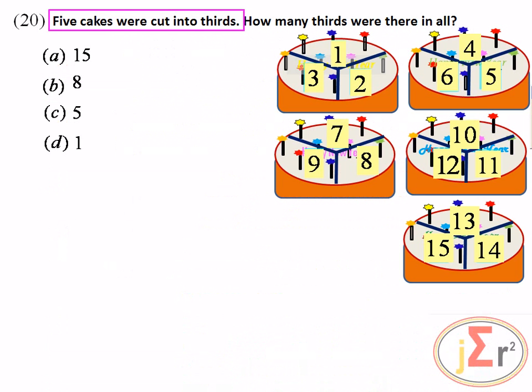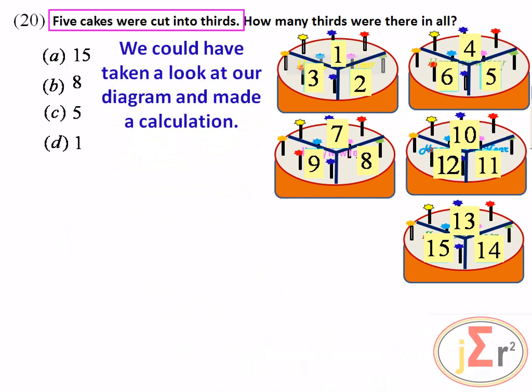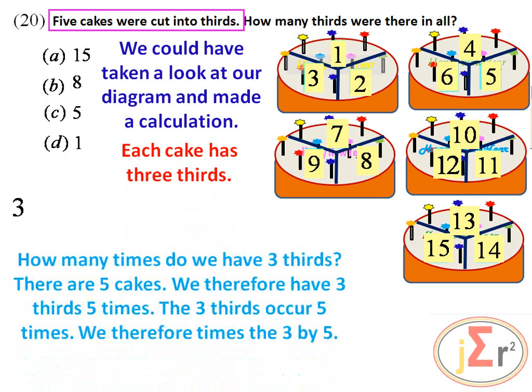5 cakes were cut into thirds. We could have taken a look at our diagram and made a calculation. Each cake has 3 thirds. How many times do we have 3 thirds? 5. Right. So we have 3 thirds in each one.